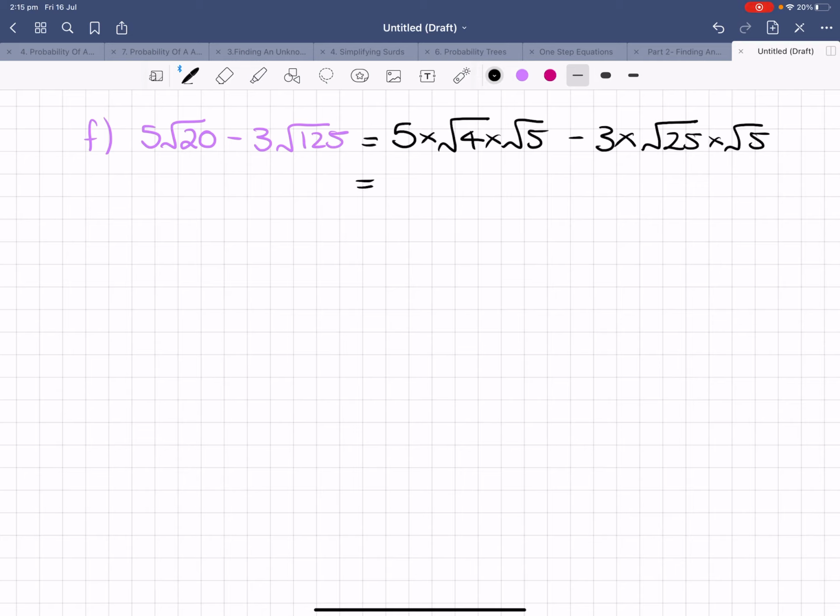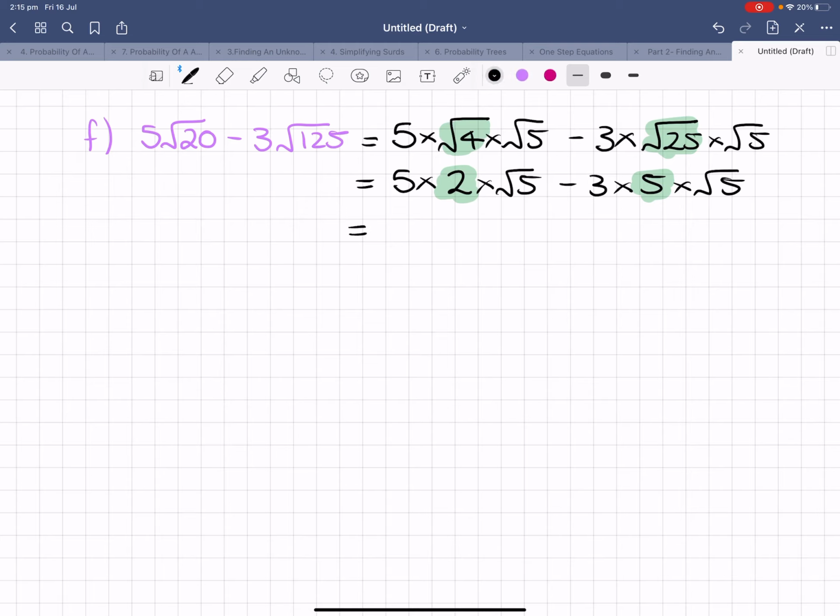Cleaning it all up, we've got 5 times the square root of 4, which is 2, times square root 5, minus 3 times the square root of 25, which is 5, times square root 5. So again, the 4 comes from the 2 and the 25 comes from the 5.